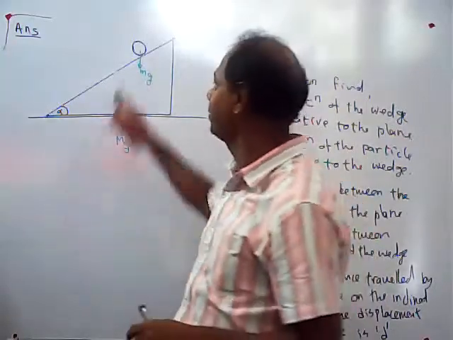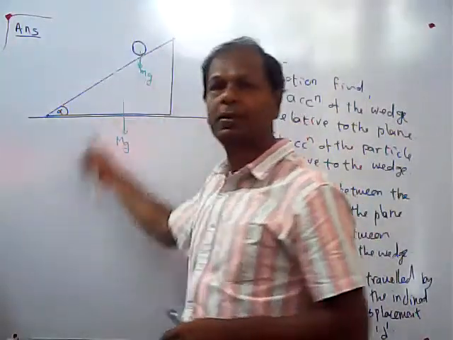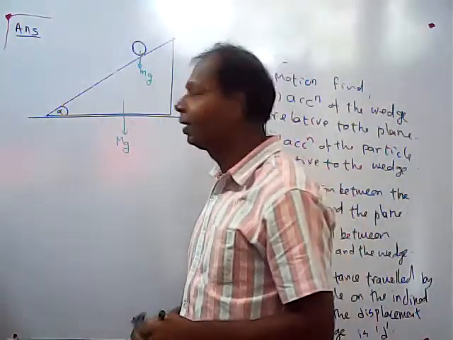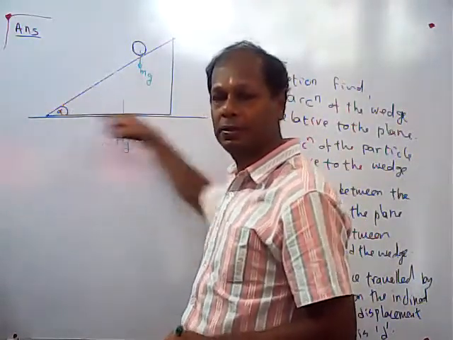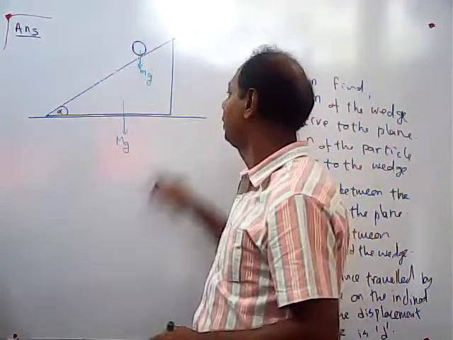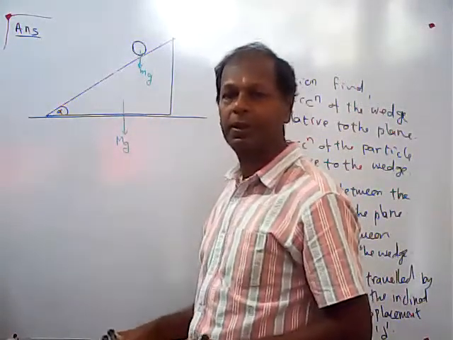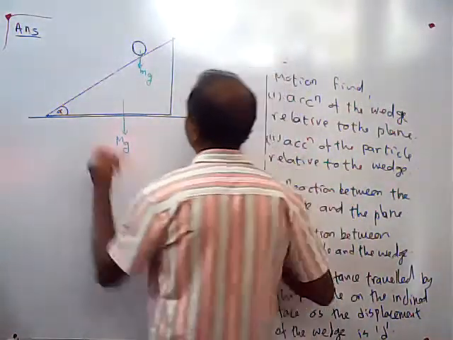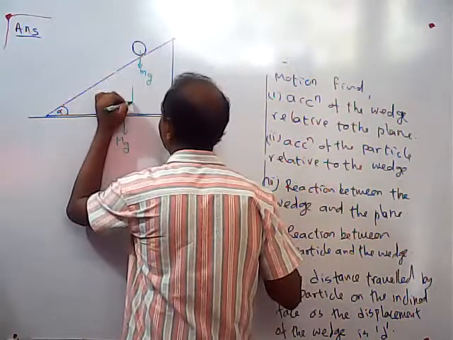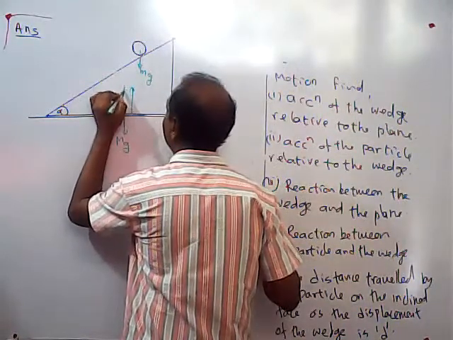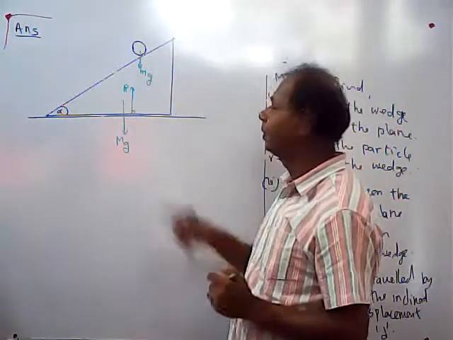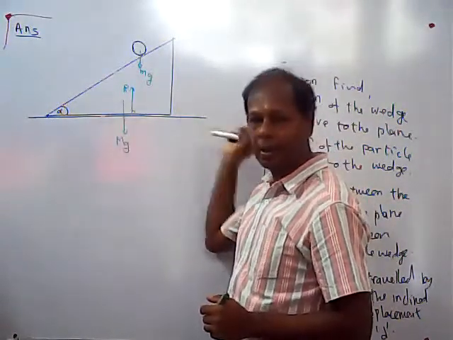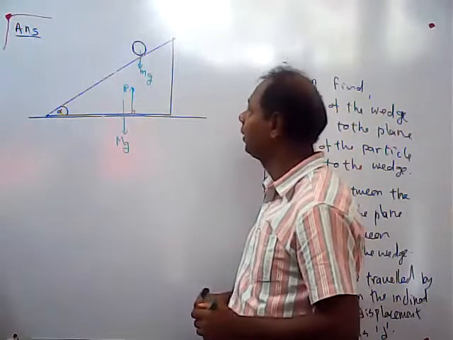There is a reaction between the particle and the wedge, and there's another reaction between the wedge and the horizontal plane. All these are smooth, as we assume. R is the reaction between the wedge and the horizontal plane.